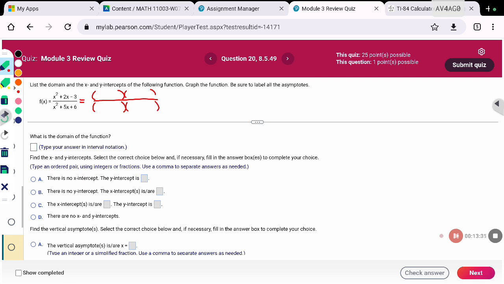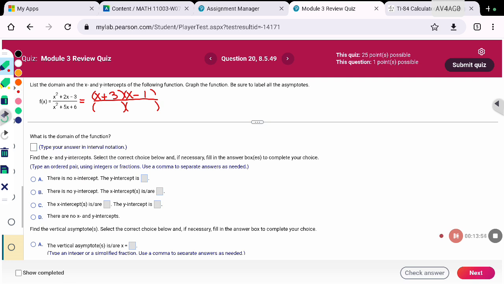So I'm factoring both of these trinomials. So up top in the numerator, I'll have x and x for x squared. To multiply to get -3 and add to get +2 would be a +3 and a -1.